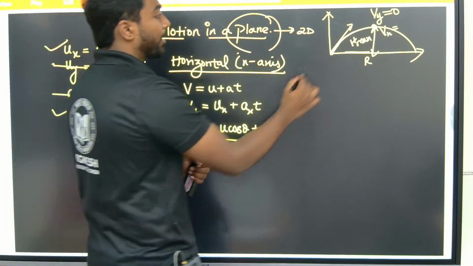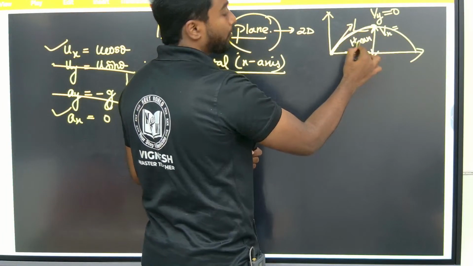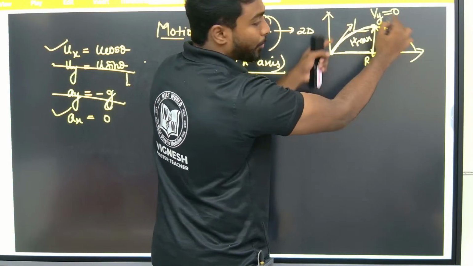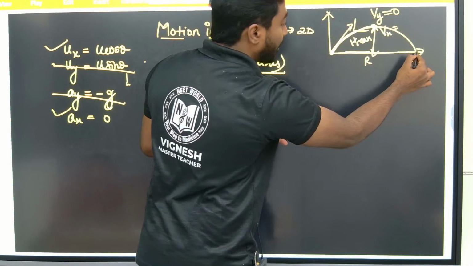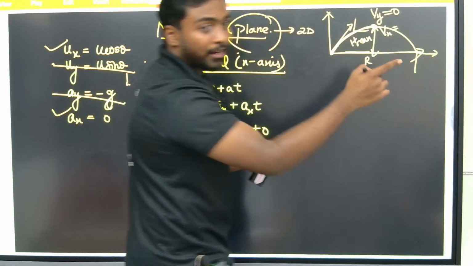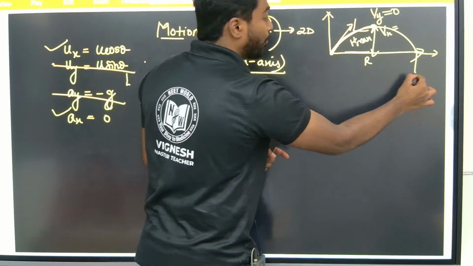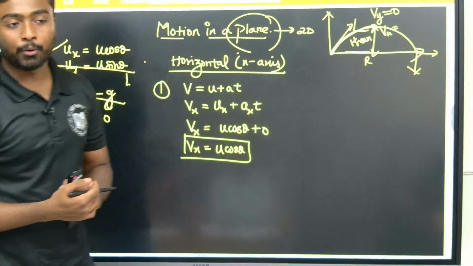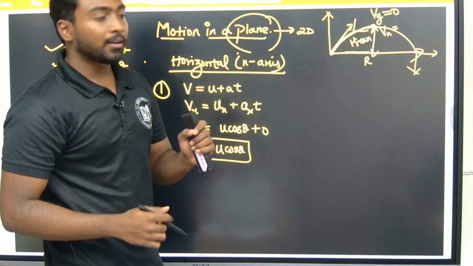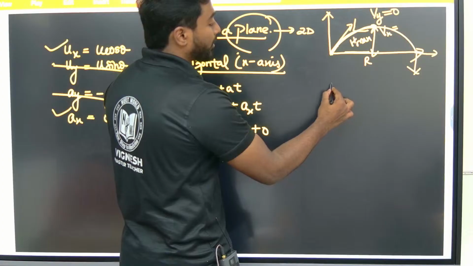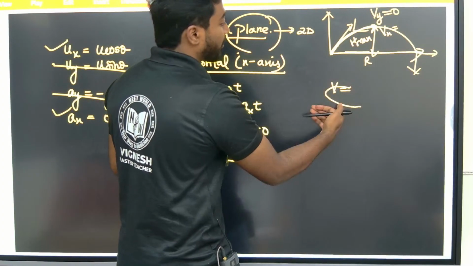When it's going in this direction it is positive, but after that the object will turn around, so here final velocity of x axis is positive only, but for the y axis it becomes negative.